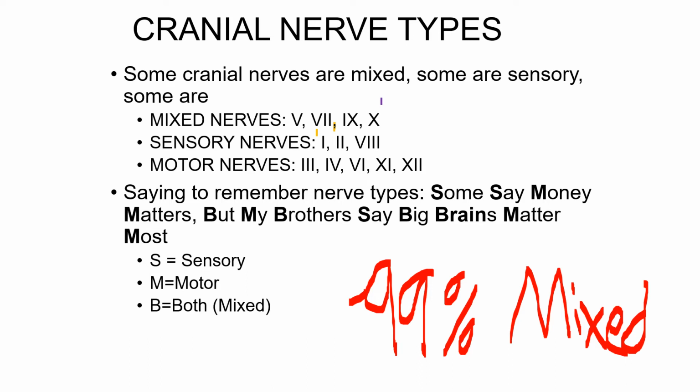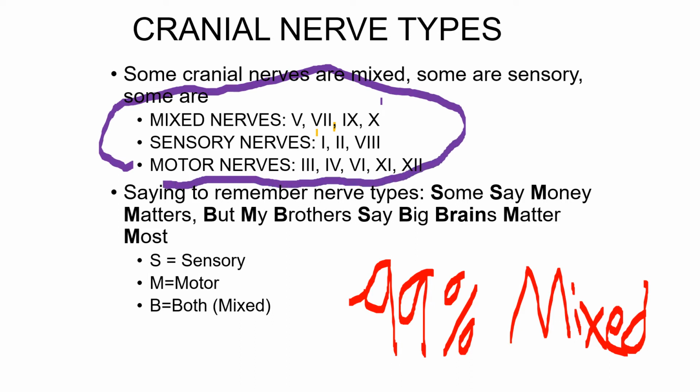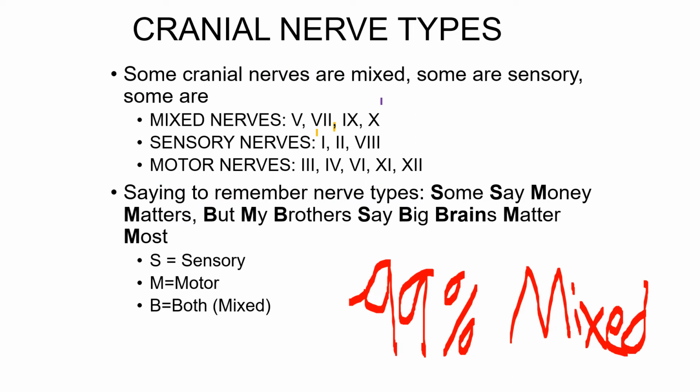and just say, oh, 1, 2, and 8 are sensory, and so on. That can be a little tricky. I would not recommend that. What I would recommend is knowing the functions by the back of your hand, but to get you started, know this mnemonic. Some say money matters, but my brothers say big brains matter most.